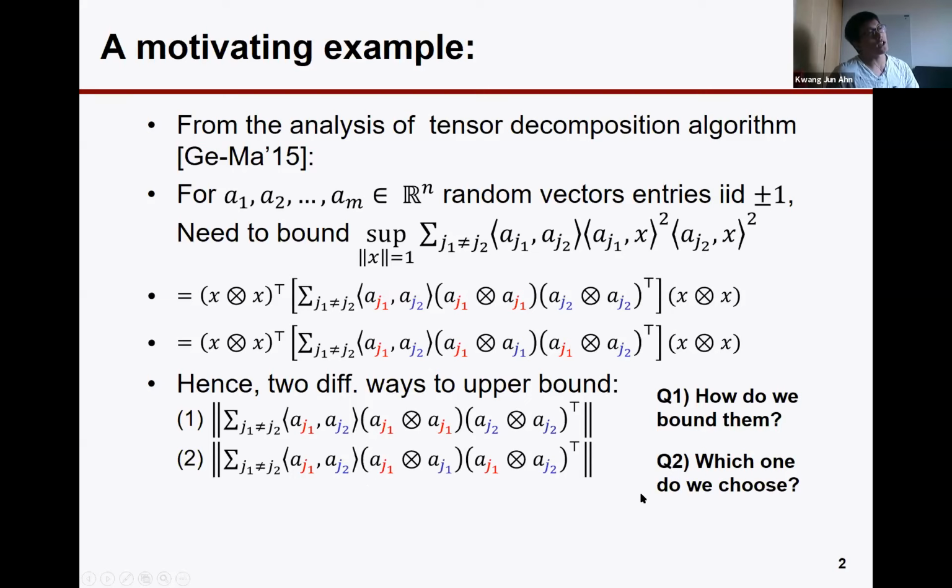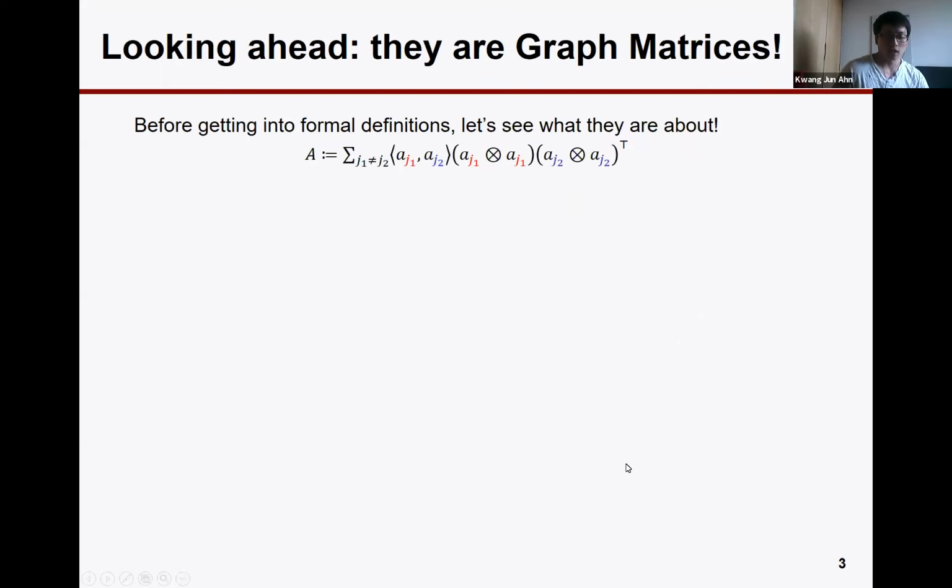Okay, since the class of random matrices called graph matrices that I'm going to introduce is quite complicated, let me just give you a looking-ahead trailer of what they are. In this slide, I'm going to represent this complicated random matrix that belongs to the first case as a graph matrix. Everything here is going to be informal, but bear with me.